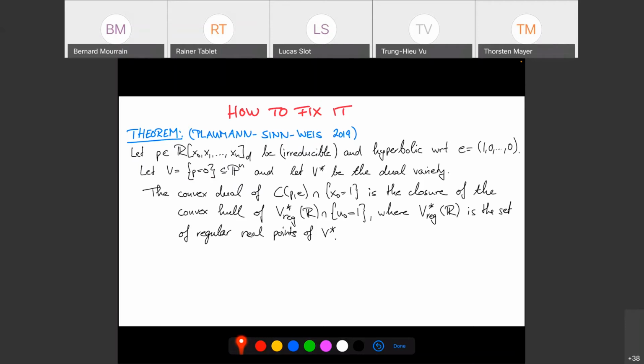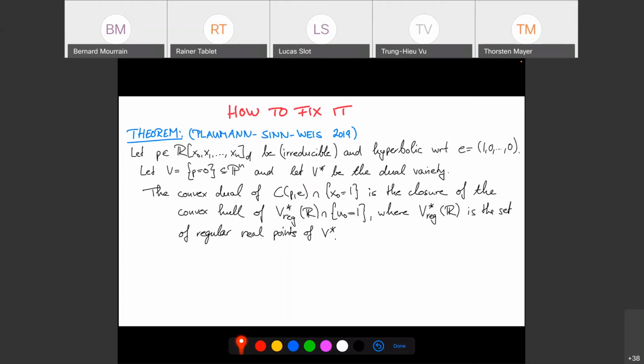Then we're interested in this object, which is sort of the analog of S of A. You take the hyperbolicity cone of this polynomial with respect to this direction E, and you take an affine section of it. Then you take the convex dual, so this should be W of A, and this W of A is the convex hull of the dual variety in the following careful sense.